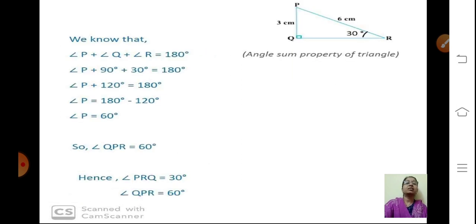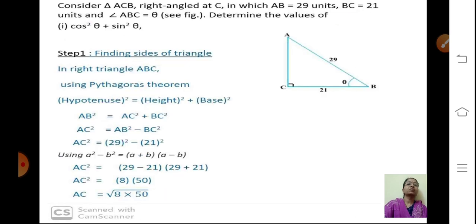Now angle P is equal to 180, shift on the other side, 180 minus 120, so P is equal to 60 degree. So in this way you will get angle QPR is equal to 60 degree. So hence angle PRQ is 30 degree and angle QPR is 60 degree. Now next sum.